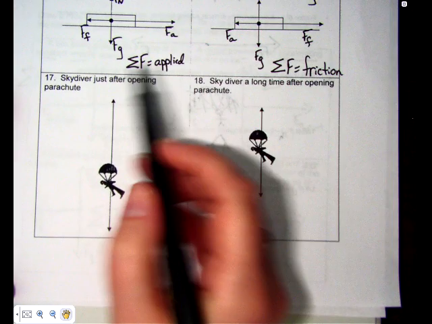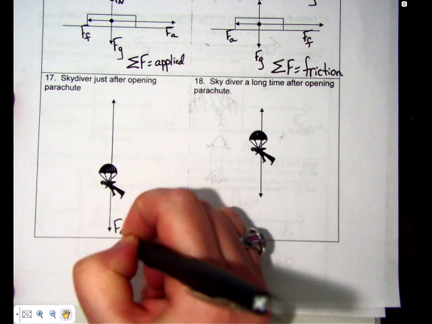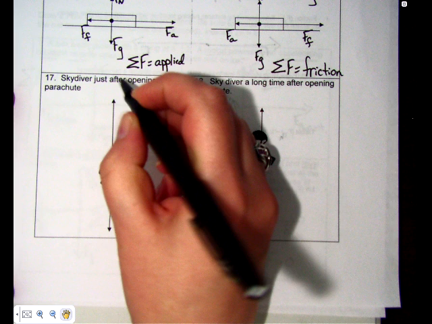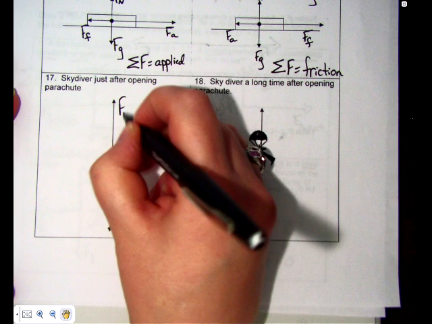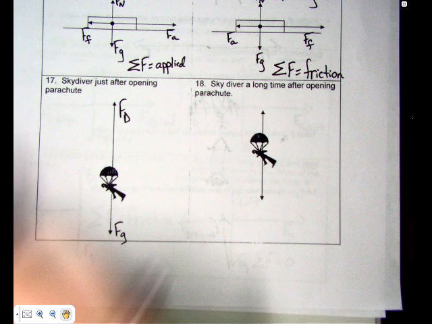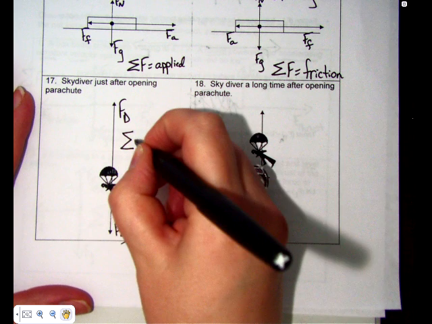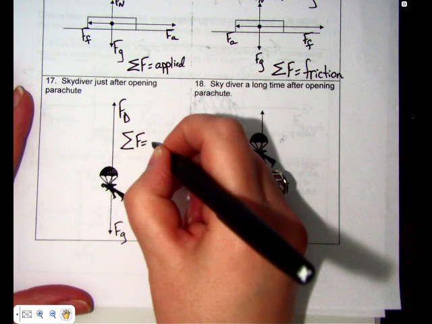Last 2, skydiver just after opening a parachute, force of gravity is pulling him down, the force of the air resistance or drag, and in this case they drew the line larger here, so our net force is drag.